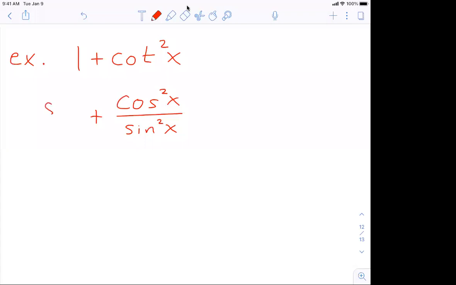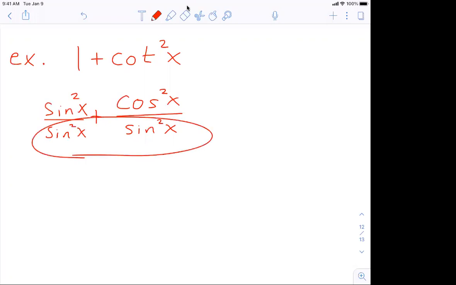So we can write 1 as anything we want over itself, but it's a great suggestion to write it as sine squared x over sine squared x because now I have a common denominator. So technically, if you wrote it as cos squared over x, it'd be correct too, but you want to do sine because of the common denominator. Perfectly put. You could do that. It just wouldn't help you at all, right? So you want to write it as something that is going to help you.